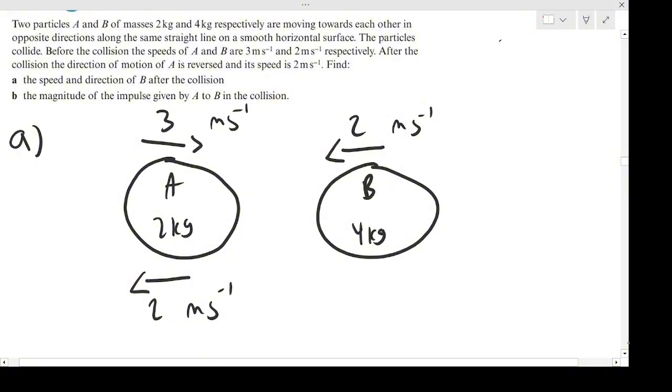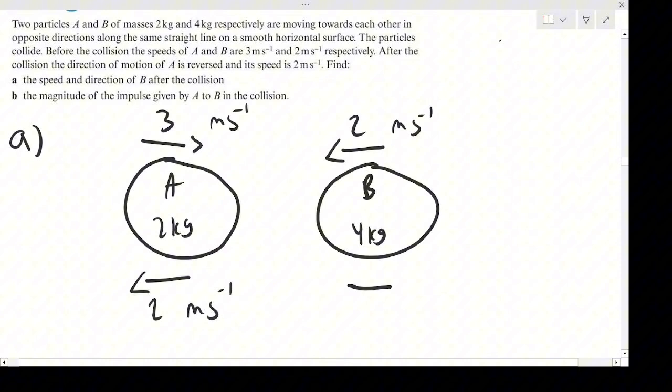Then I need to find the speed and direction of B. We're not really told where B can move. B could move forwards, or it could move backwards. We're not given any information about where it could go. We don't need the information, because if we get a negative answer, we can just flip the direction.